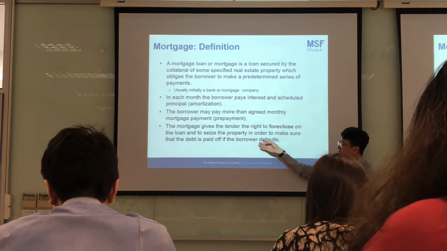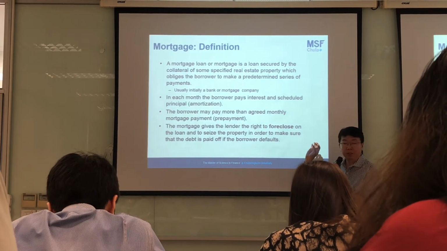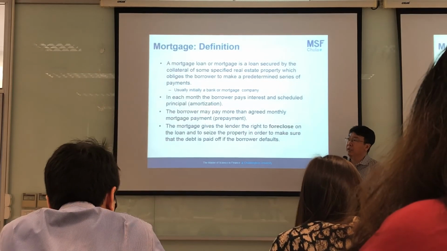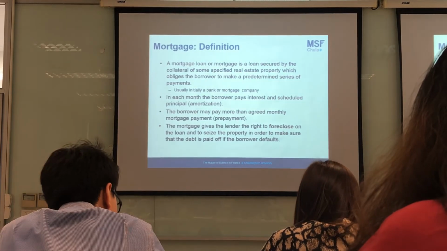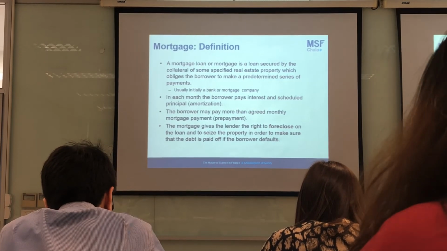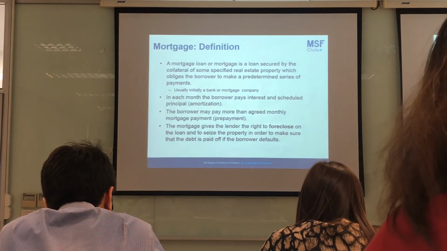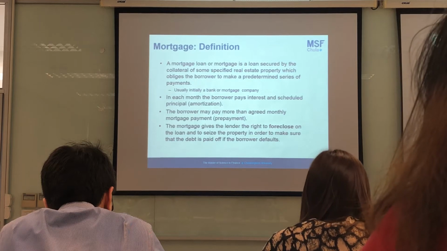The issue is, we talk in the next slide, that when the collateral house has been liquidated, the amount of money obtained from selling the house, suppose that it's not enough to pay the unpaid balance, how does the bank act?